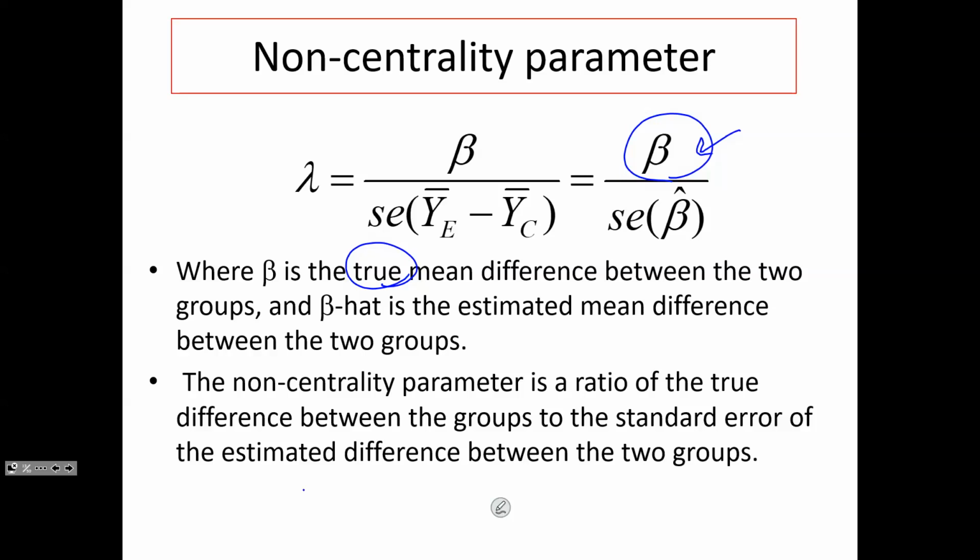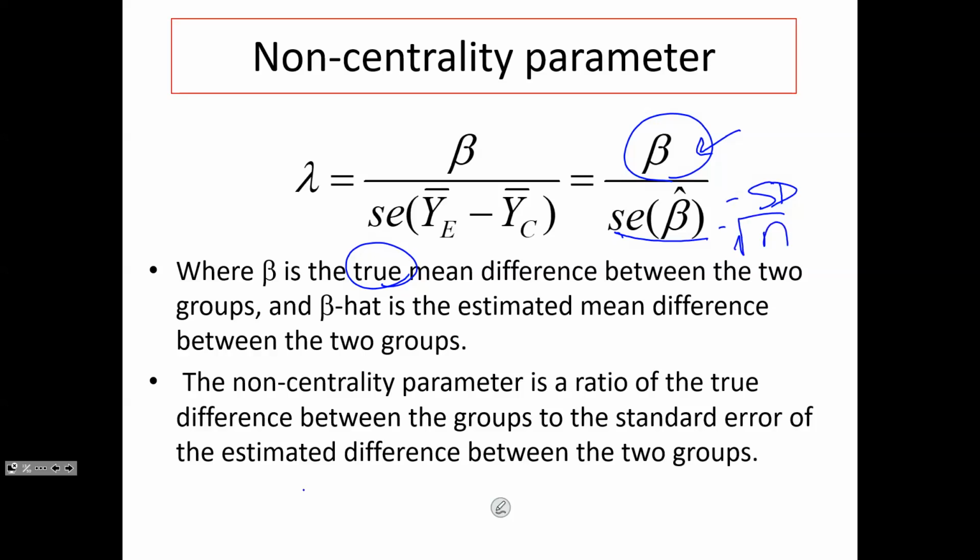Okay. I'm going to take that and divide it by the standard error of that difference. And again, that standard error is going to be a function of the standard deviation and the sample size. For differences, it's a little more complicated than just the standard deviation divided by the square root of the sample size, but the basic principle holds.